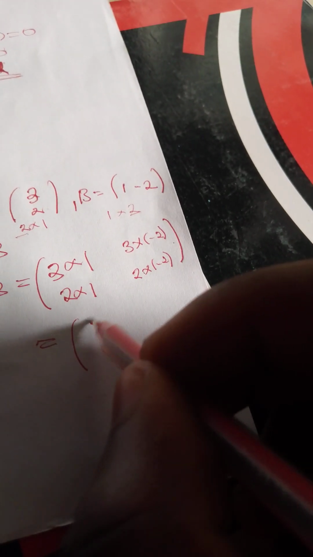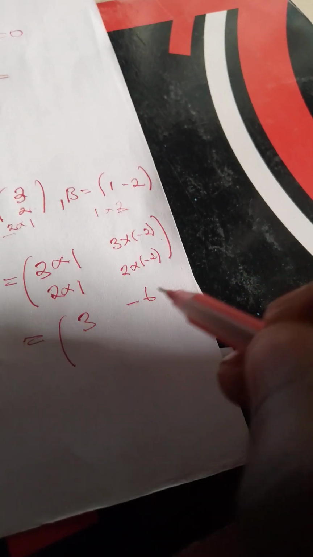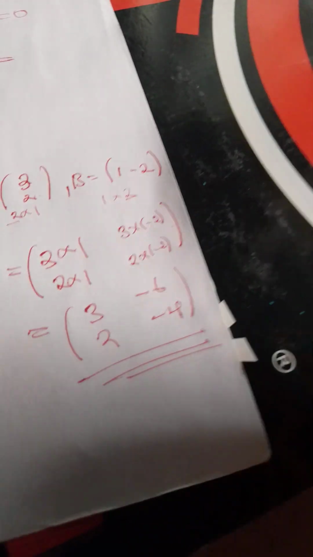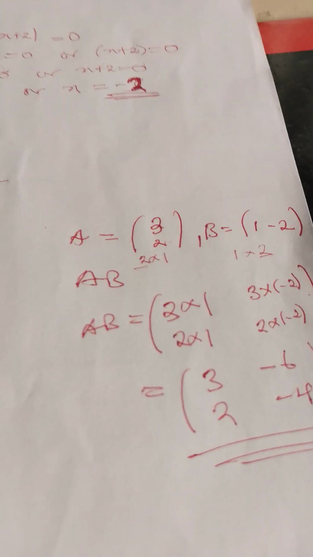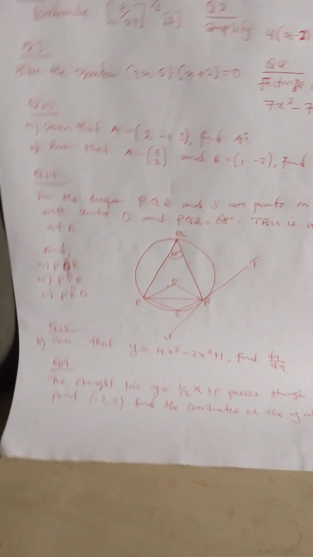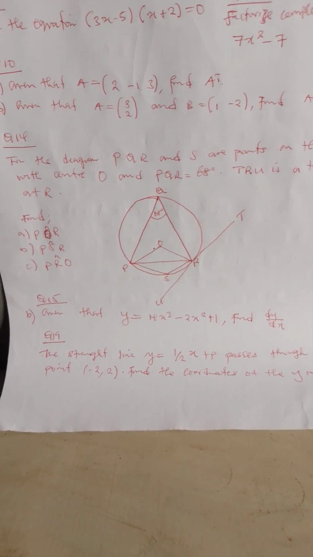Okay, so this one will give us a 3, a negative 6, a 2, then a negative 4. So this is our final answer for that particular question. Okay, let's move on. We go to question 14.